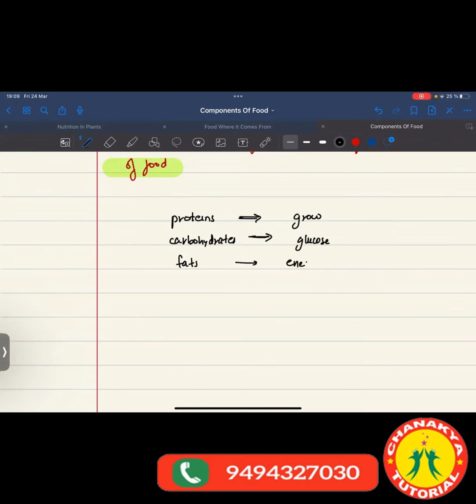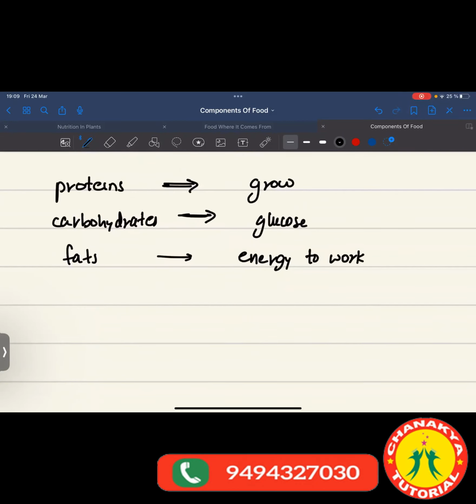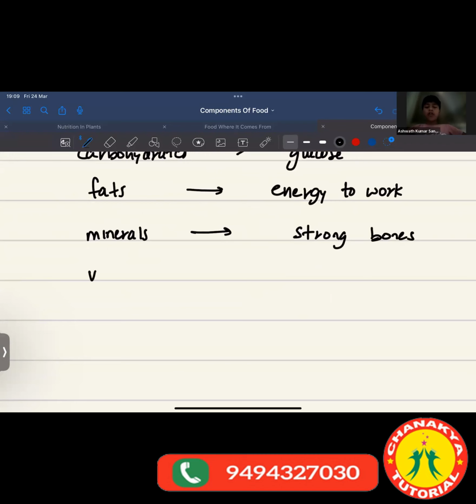Minerals build strong bones and teeth. Vitamins help our blood clot properly. Basically, it enriches your blood.